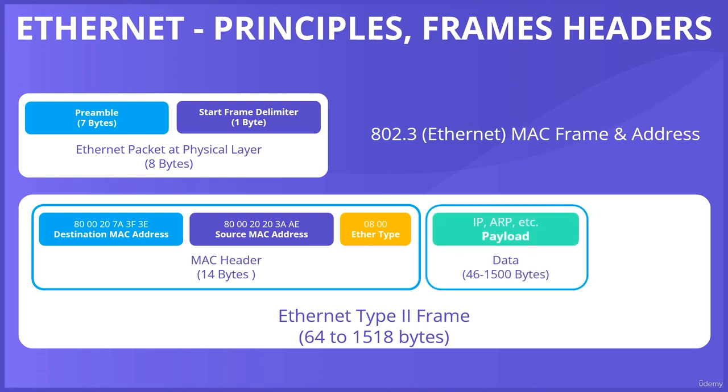The middle section of the frame is payload data, including any headers for other protocols, for example, Internet Protocol, carried in the frame. The frame ends with a frame check sequence, or FCS, which is a 32-bit cyclic redundancy check used to detect any in-transit corruption of data.